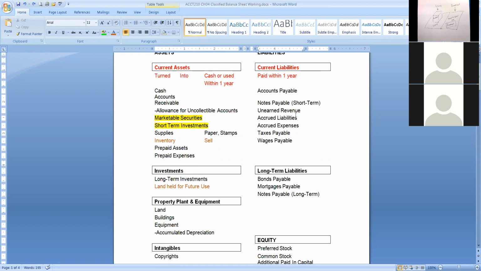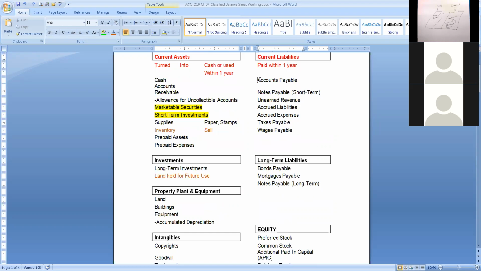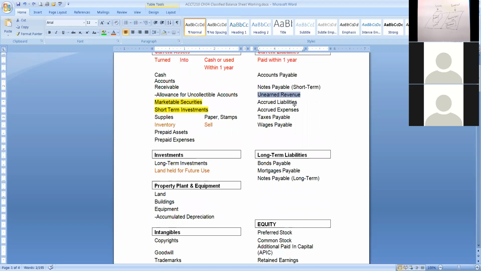Let's go to the liability side. So these are accounts payable, which you pay within the year, payable short term, less than a year. Unearned revenue will be in there. Accrued liabilities or accrued expenses, let me talk about those in a second. But let's say taxes payable and wages payable. Taxes payable, you have a few months to pay.